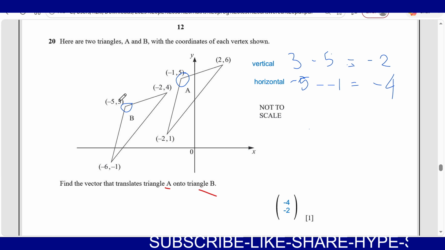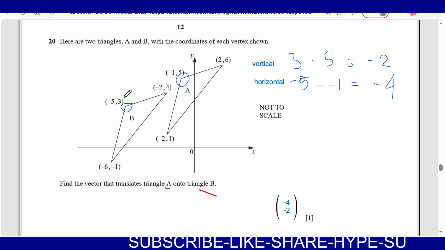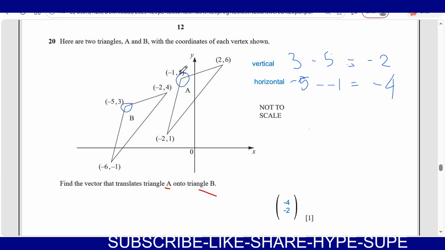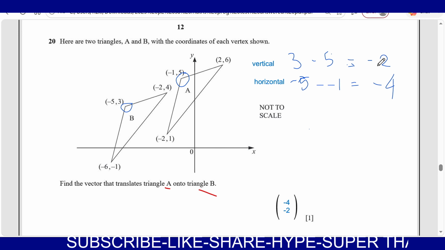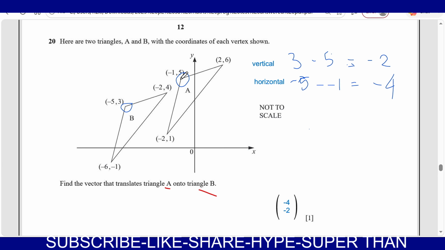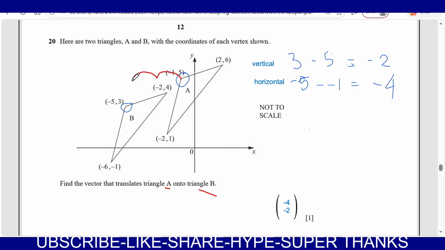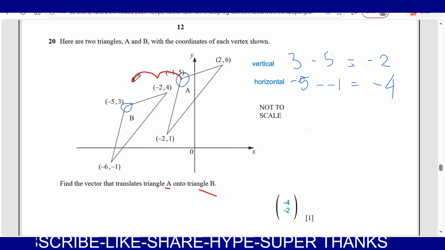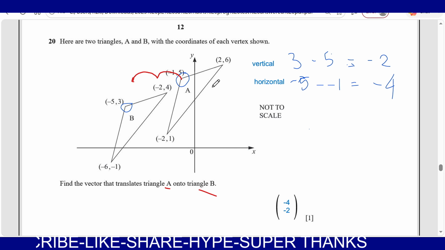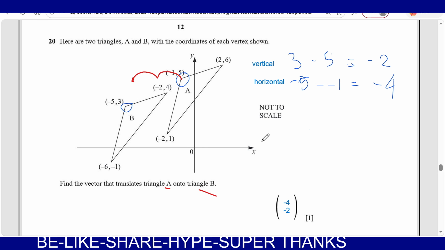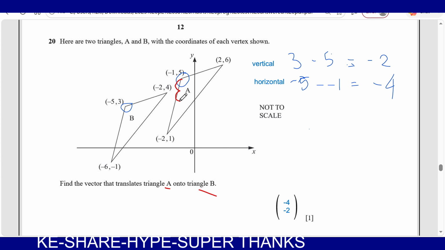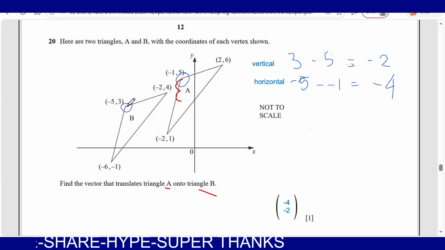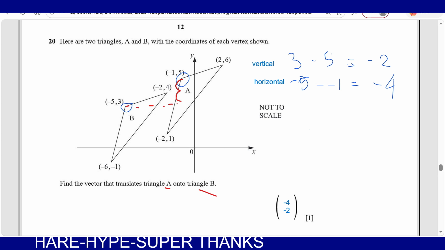Oops, mistake. From 5 to 3 is vertical, so 1, 2, that's how we got to 3. So 5 to 3, 3 minus 5 is -2.